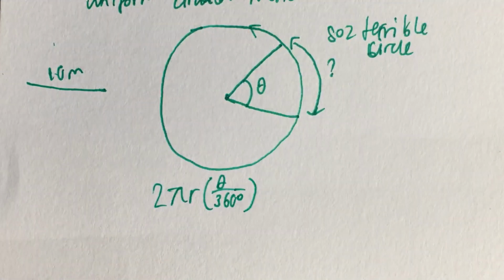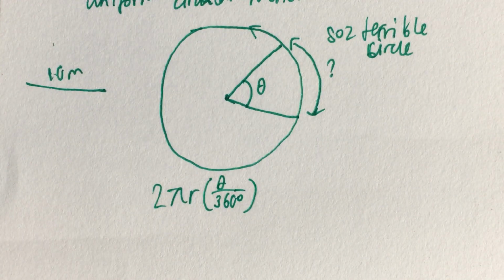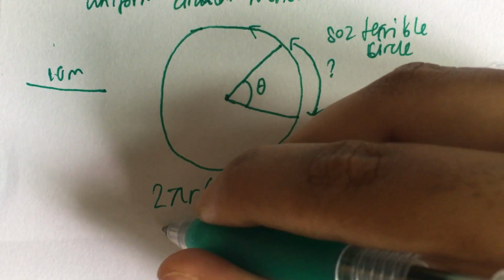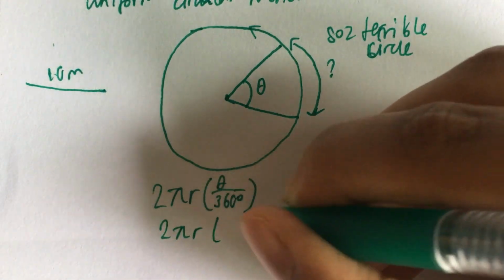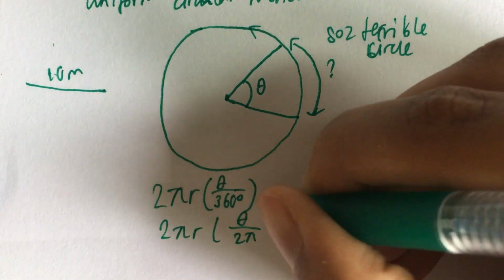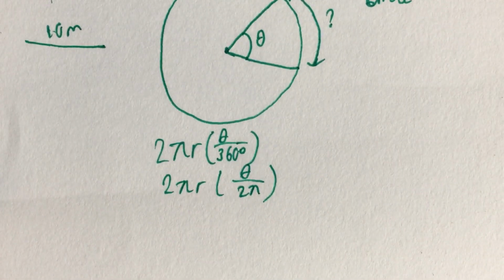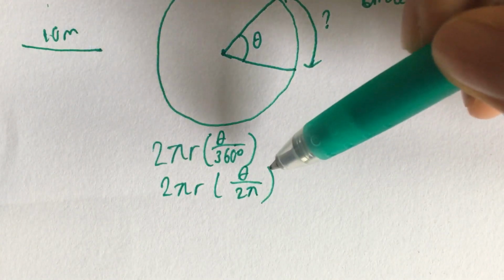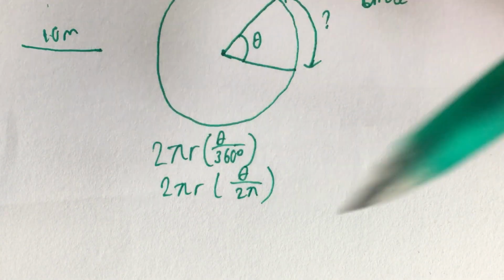But if you use radians, 360 degrees equals 2 pi radians, so 2 pi radians is one entire circle. In the equation of circumference, you have 2 pi r times the angle over 2 pi.